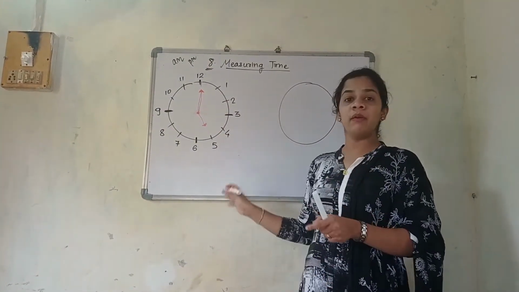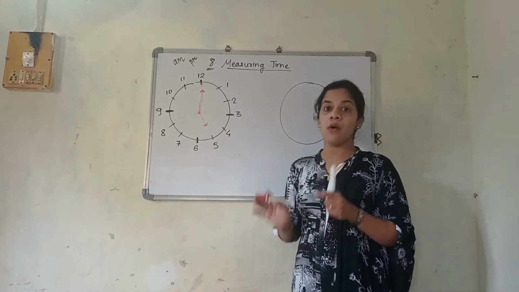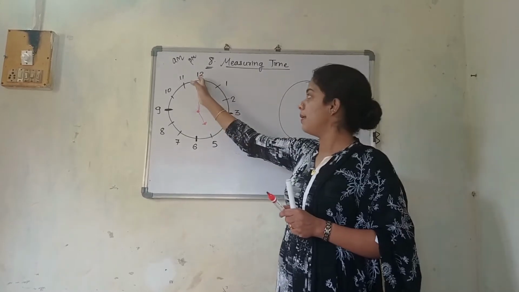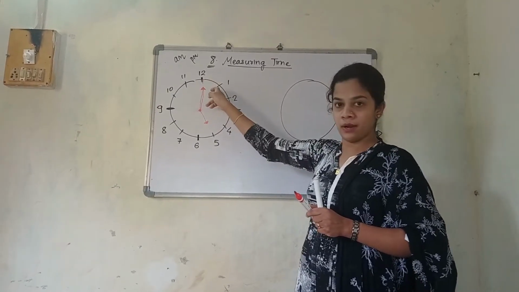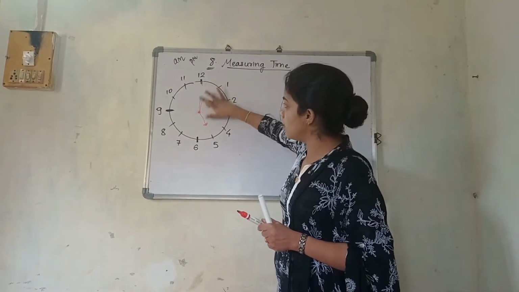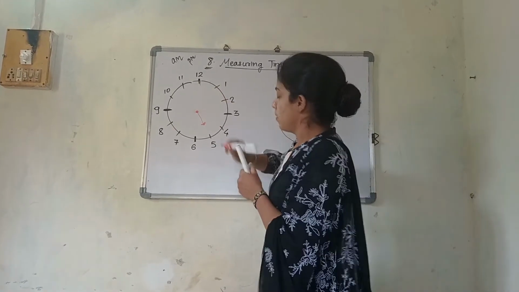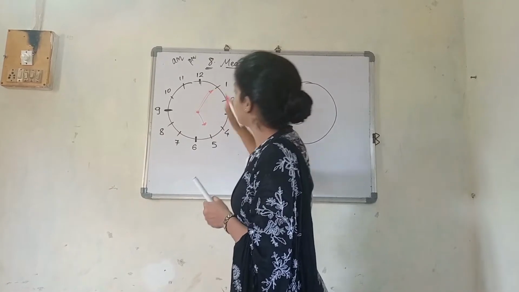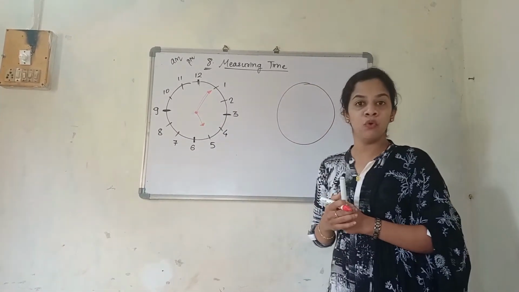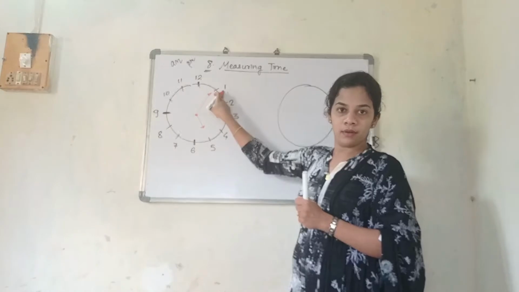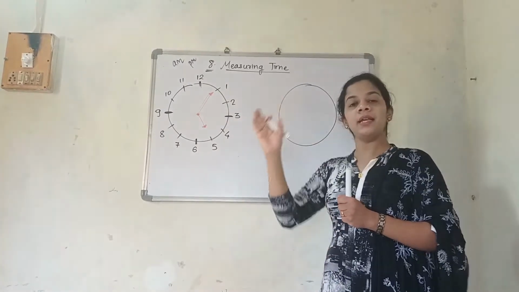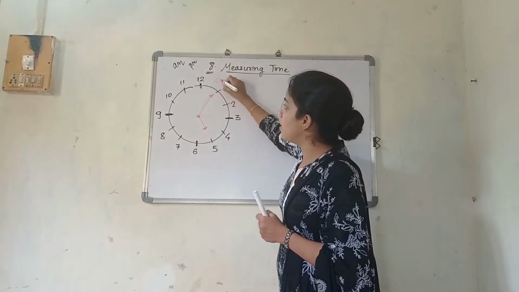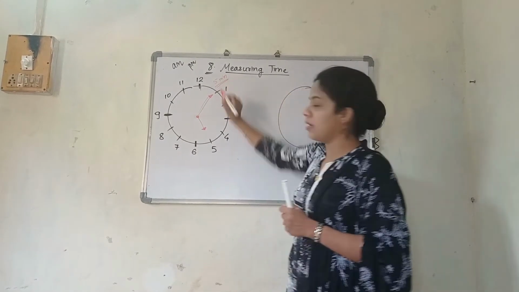So this part will be very easy for you to tell. But now always remember, when the minute hand moves and comes to 1, it completes one part, and the distance it has traveled is counted as 5 minutes.